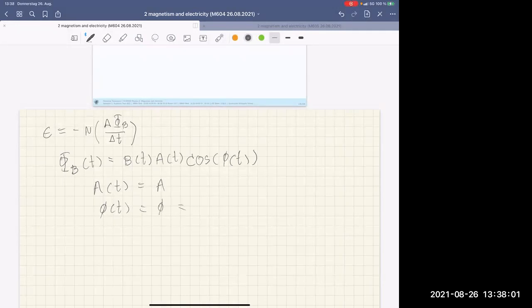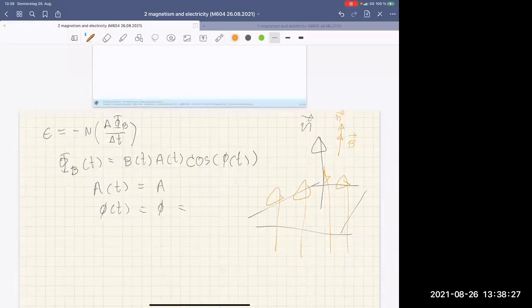In this case, you have the plane like this, and this is the normal vector, and the B vector is this one, like this. So the angle between n and B lies in the same direction.